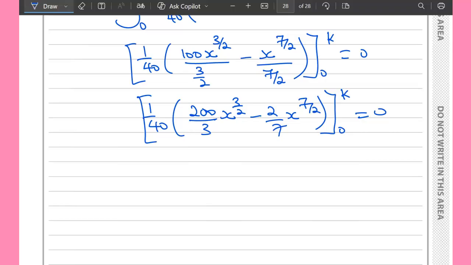So we can substitute the limits when x is equal to k, and also when x equals 0. So if we substitute the limits, we'll have 1 over 40 into 200 over 3 k power 3 over 2 minus 2 over 7 k power 7 over 2, and this should be equal to 0.